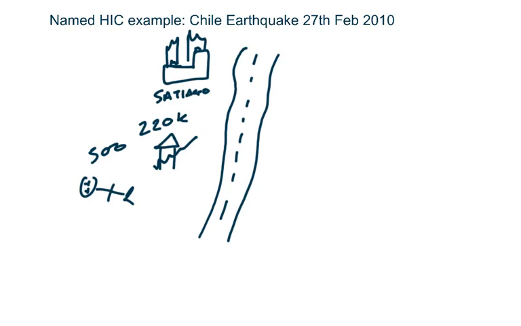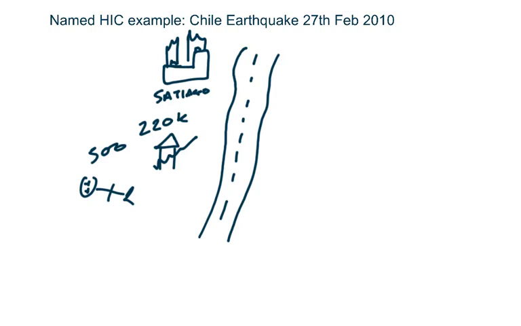Remember back to videos you might have seen in class, a statement by Professor Ian Stewart in one of his very good videos looking at earthquakes, the idea that earthquakes don't kill people but buildings do. So although 220,000 homes were destroyed, only 500 people died. While they were destroyed, meaning they can't be lived in, they obviously didn't collapse to an extent that they could have actually hurt or killed people.